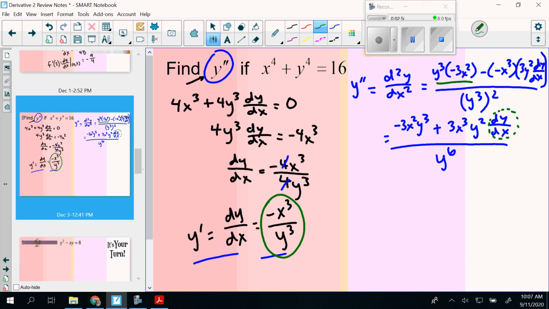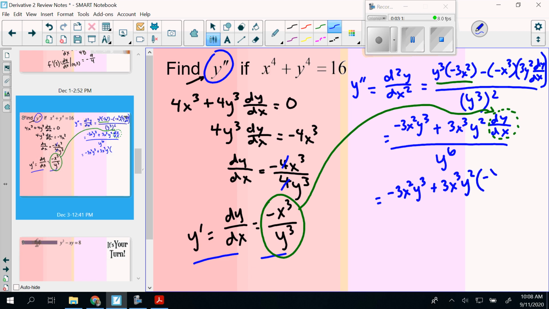So you're going to take that, substitute it in for the derivative here, and then our second derivative only has x and y as part of it. So if we substitute that in now, we get this. And now it only depends on x and y.